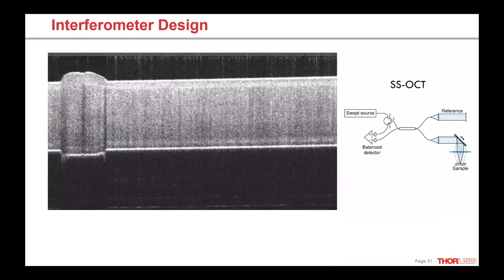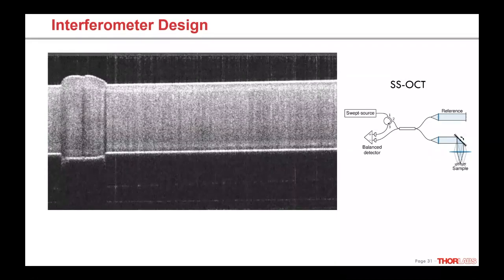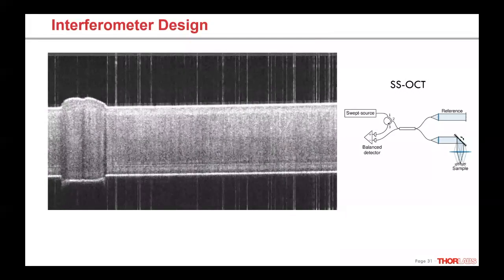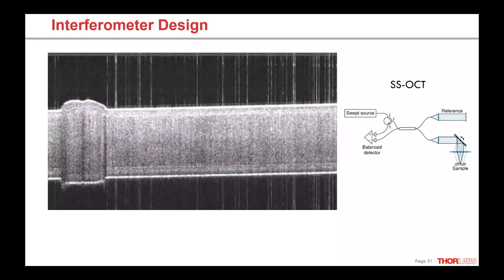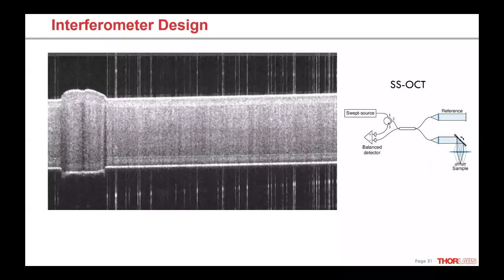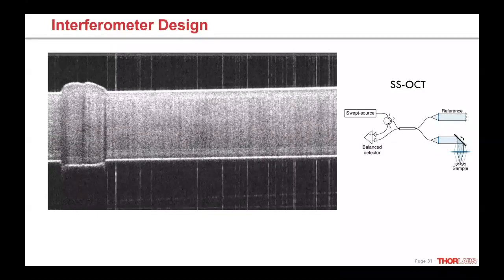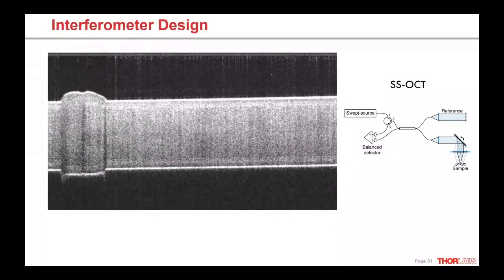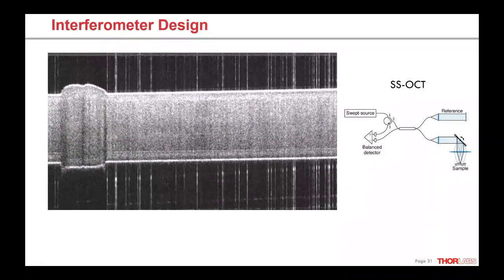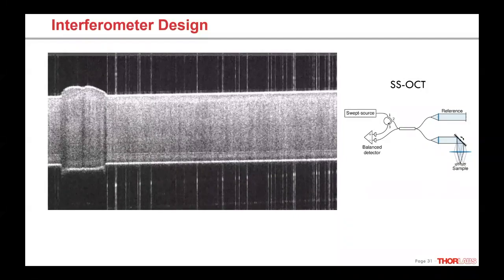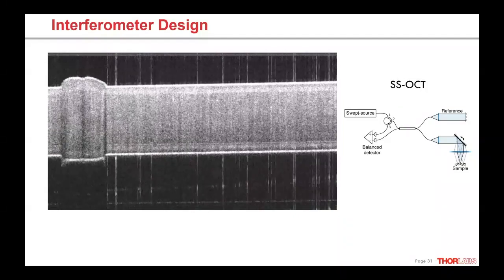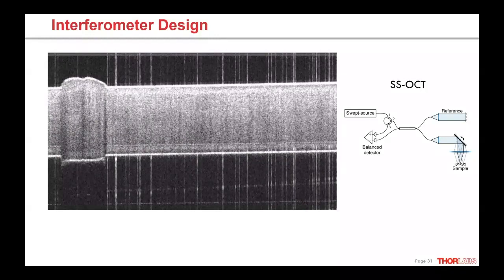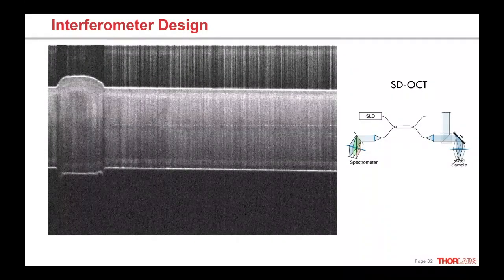That leads to some artifacts, these stronger lines, and you also see the image moving up and down, and that is despite the sample and probe being fixed. And this just happens because the sample fiber changes in length. Now let's look at the same sample in spectral domain OCT.